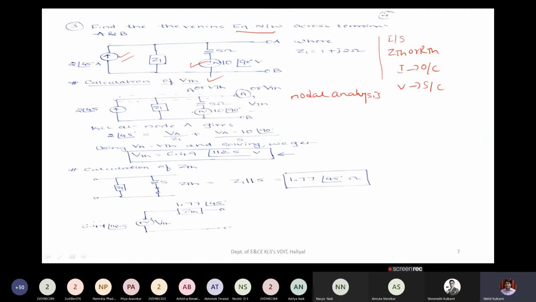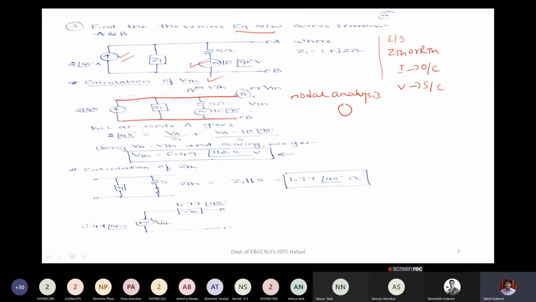So first I will go through this methodology. I have applied KCL at node A. This line is completely node A only, because all the elements are shorted there. And this is node B. Now if you apply KCL here, what will be the equation?